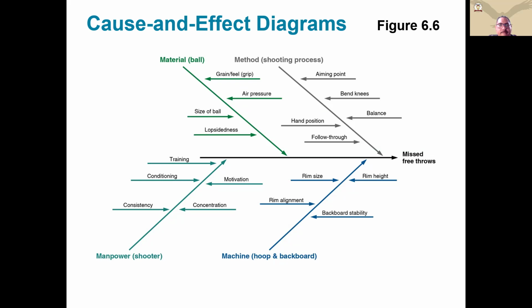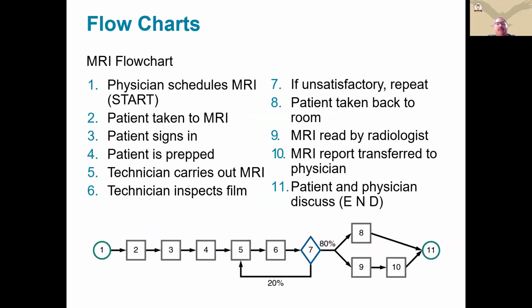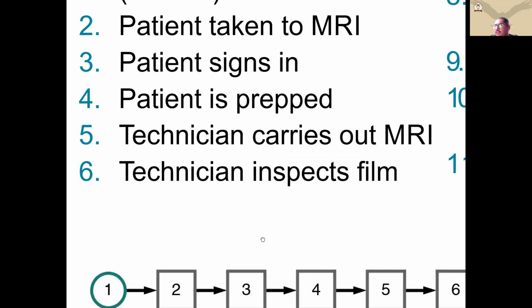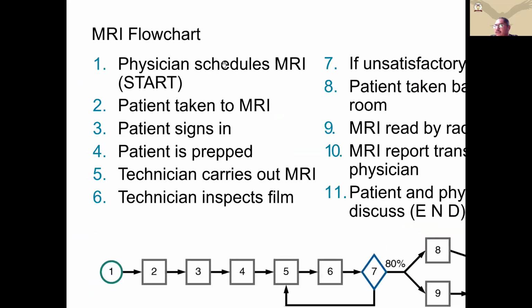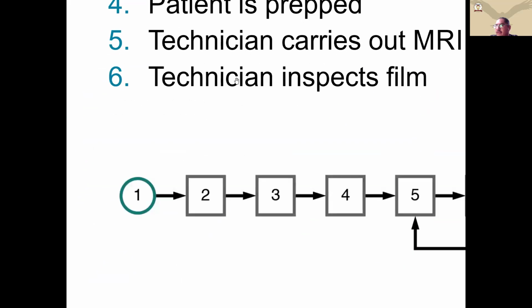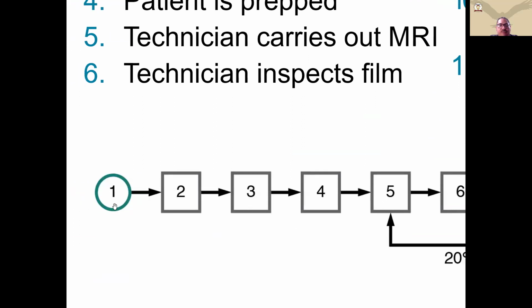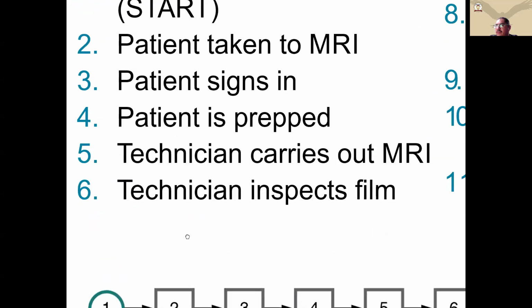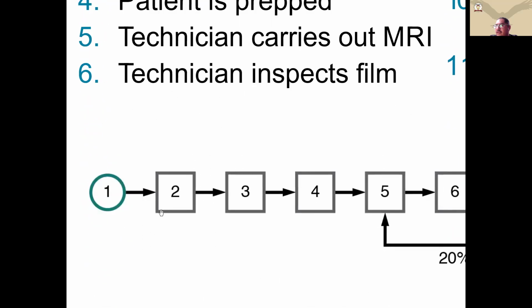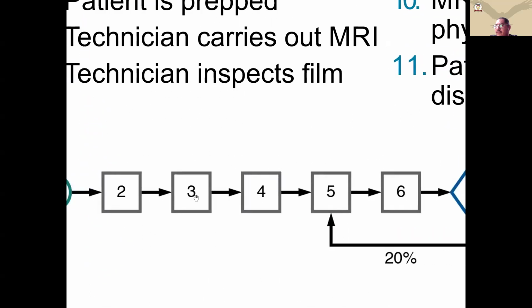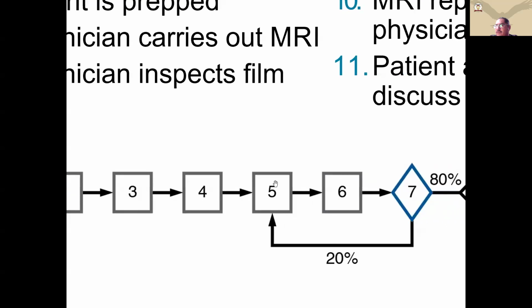Okay, thank you. And so looking at a flow chart, which I was mentioning earlier, in this case the flow chart has all the various steps someone takes to do an MRI. To simplify it, you go from process one, from the beginning, following each step, to step 2, then step 3, step 4, step 5, step 6.